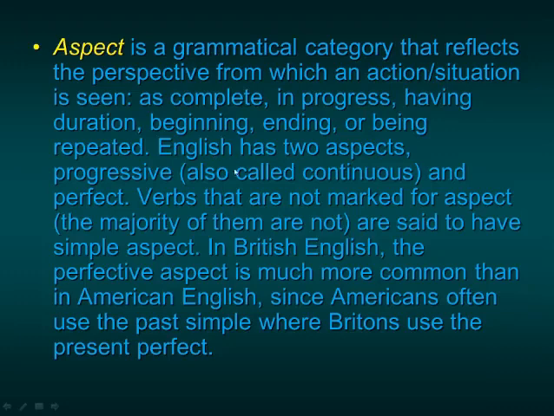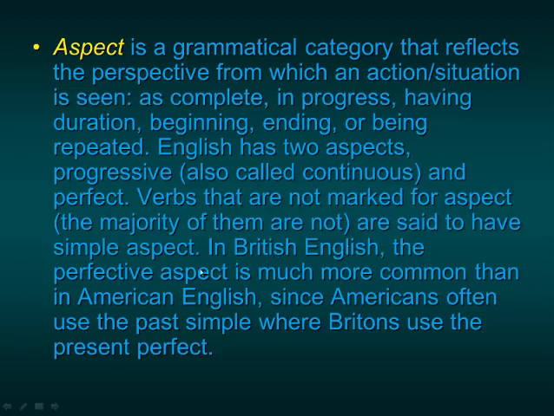English has two aspects. Here we mainly have to study two aspects: progressive, also called continuous, and perfect. Verbs that are not marked for aspect, the majority of them, are said to have simple aspect.